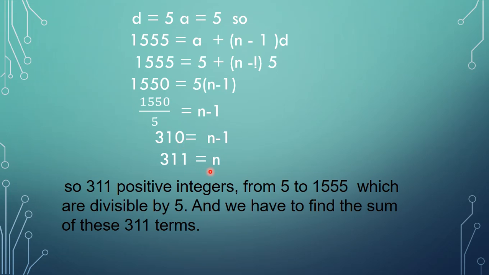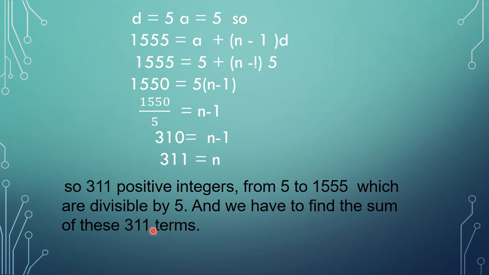Now we have, there are 311 positive integers from 5 to 1555 which are divisible by 5, and now we have to find the sum of these 311 terms.